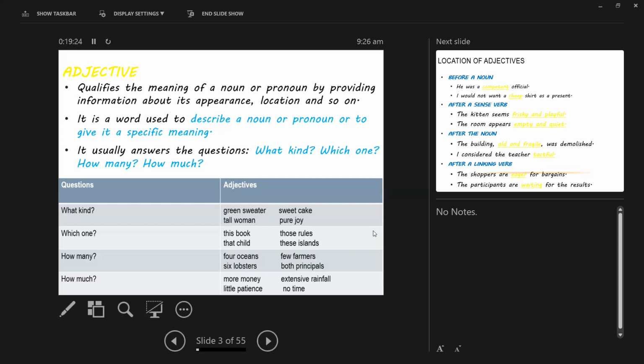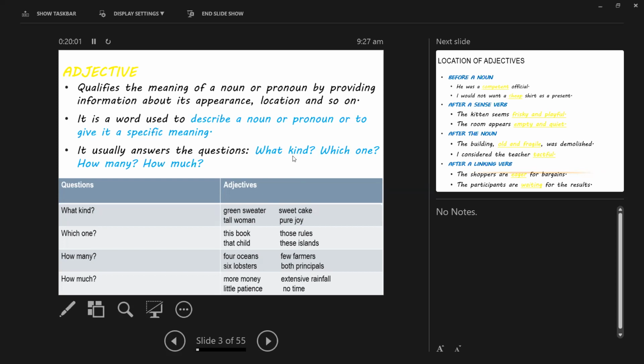Those specific words, orange, thick, located on the right side, definitely modify the subject of your sentence, meaning it's easier for you to become more specific with those words. Next, an adjective usually answers the questions what kind, which one, how many, and how much. Let's talk about each of these.